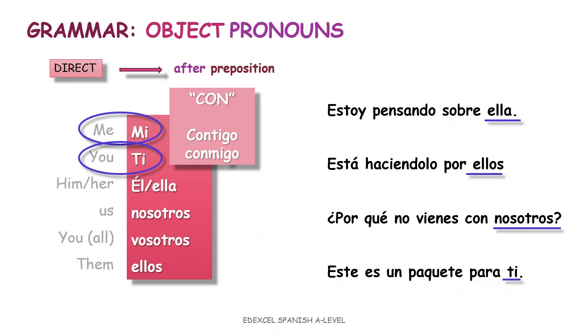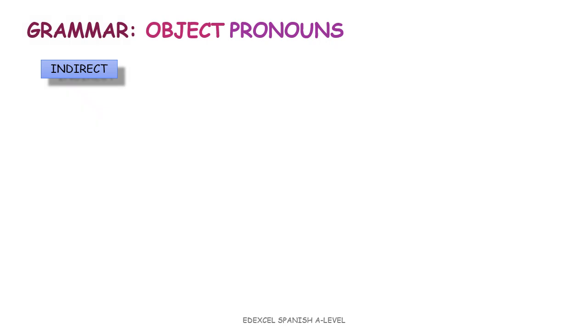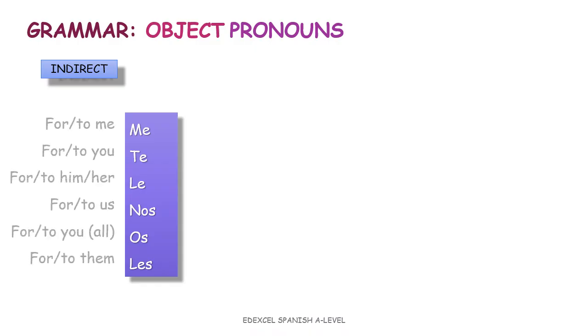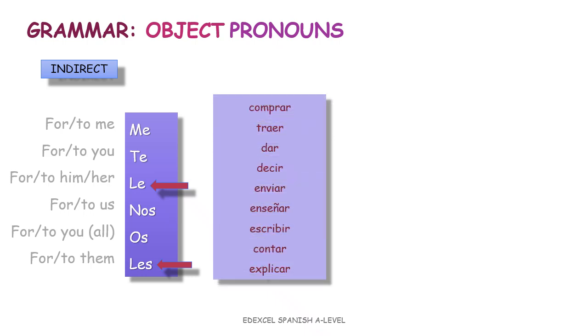Now let's move on to the indirect object pronouns. I will repeat that they are used to indicate to whom or for whom something is done. Notice that with these pronouns, you don't choose between "la" or "lo". It's always "le", or "les" in plural. There are verbs that trigger these indirect object pronouns.